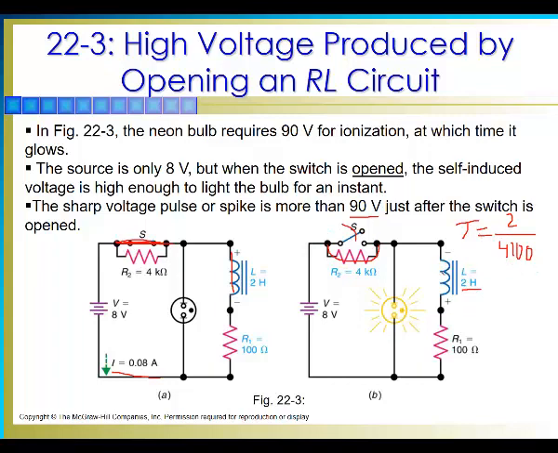That means that the current will change real quick through the inductor. This inductor generates a very high induced voltage because of the fast change in current, and that will make this light turn on. Okay, now it will discharge real quick, but at least for an instant, this thing will flash, because the voltage induced by this inductor will be very large.